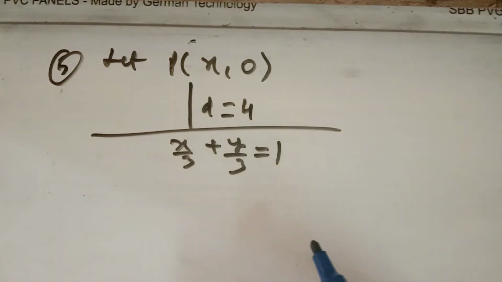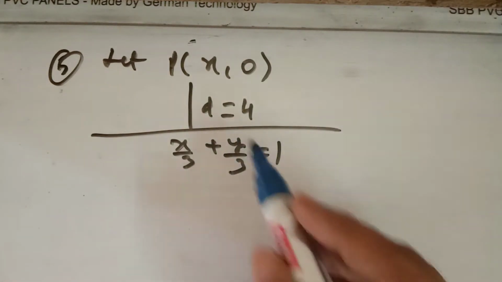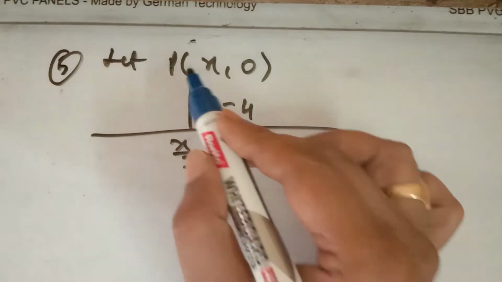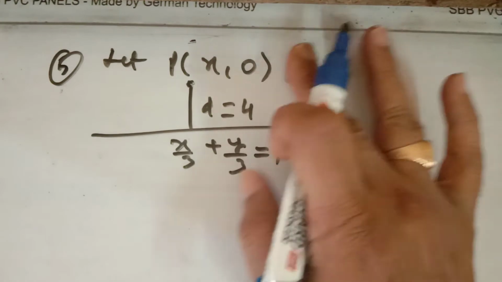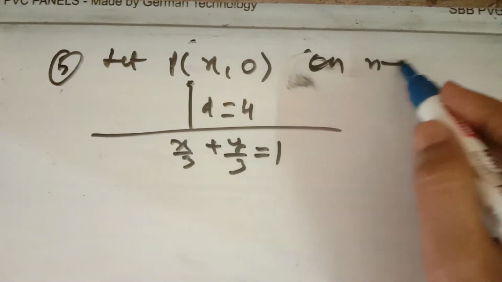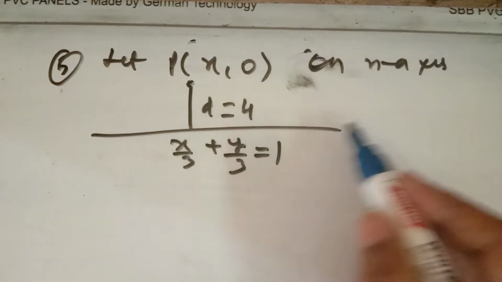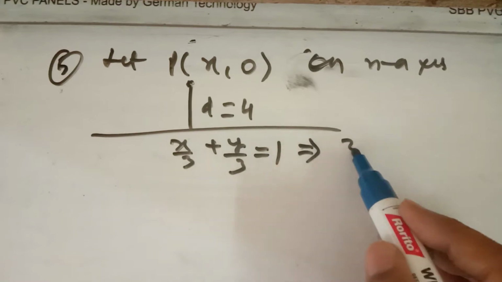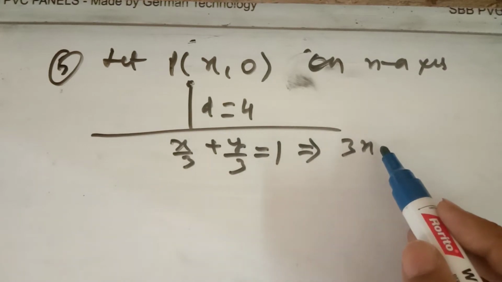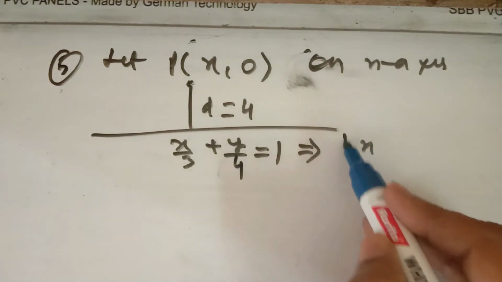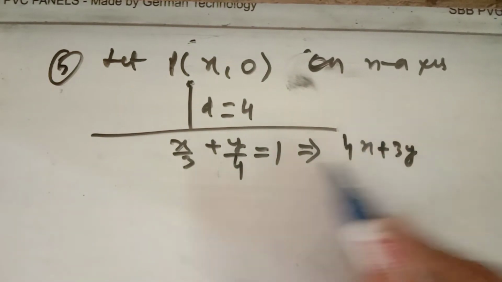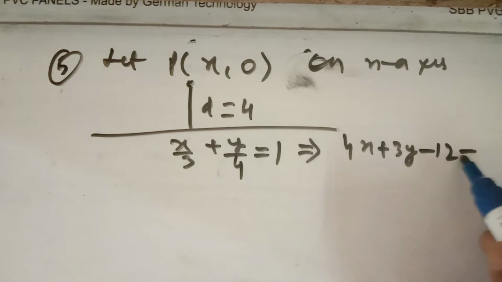You have to find the coordinate of the point on the x-axis. First of all you write this equation in the standard form, which is 4x + 3y - 12 = 0 after cross multiplying.